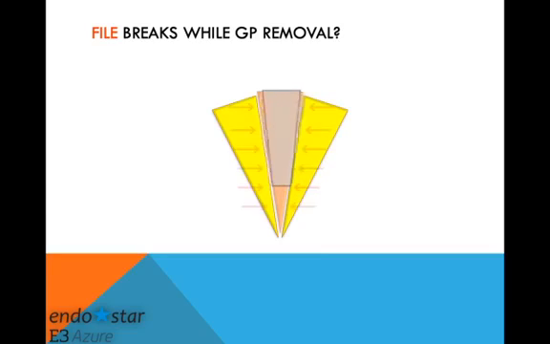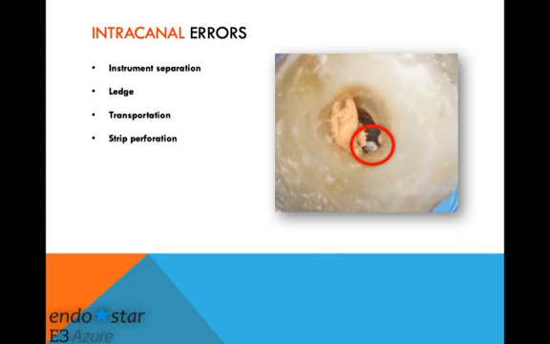On top of that, the rotary file is also cutting some amount of dentine. So the gutta percha, the sealer, and the dentine cumulatively create a stress on the file, and eventually the file breaks. And maybe we might have a few other intracanal errors, like a ledge, transportation, strip perforation, etc.